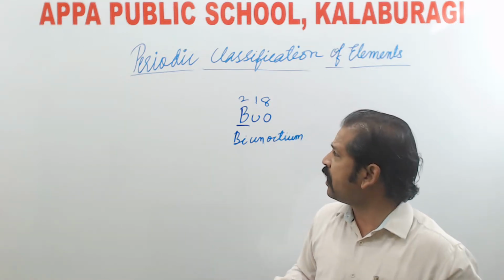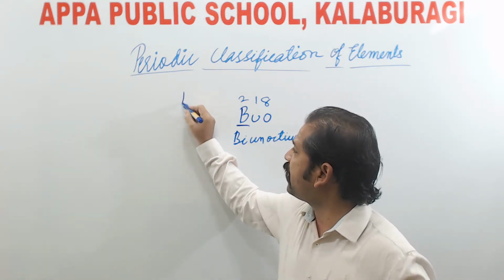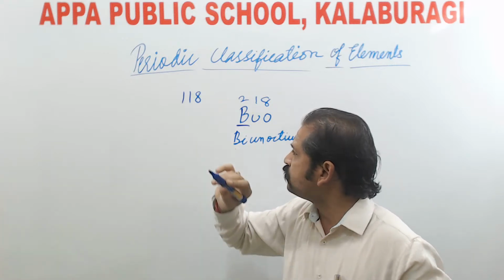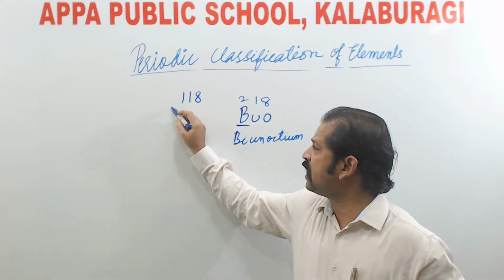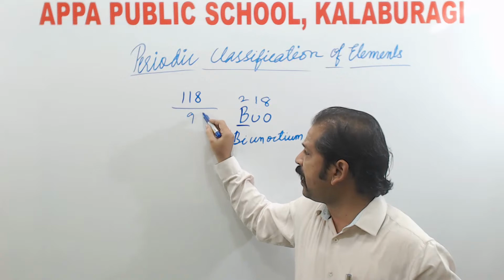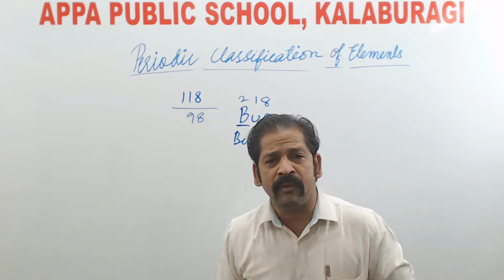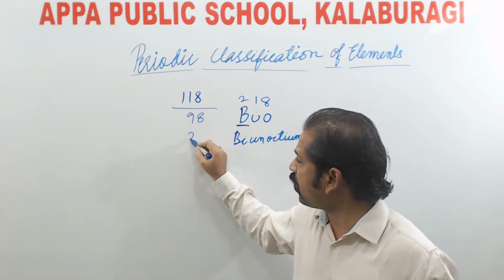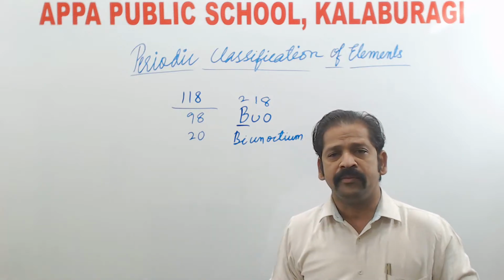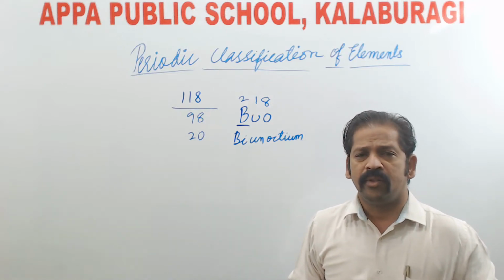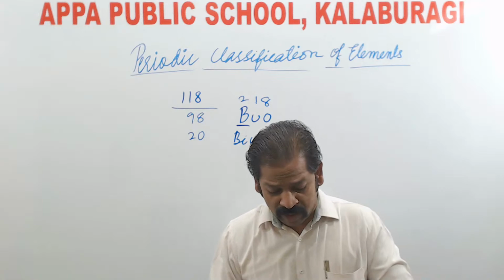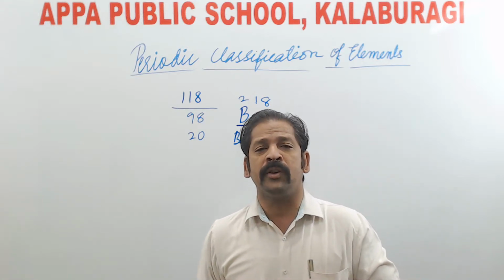Now, presently, we have 118 elements. Out of 118 elements, 98 are naturally available and 20 are artificially prepared. From these we have millions of compounds.